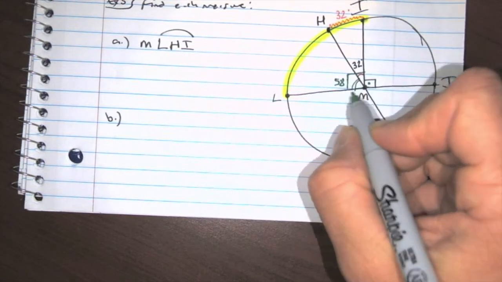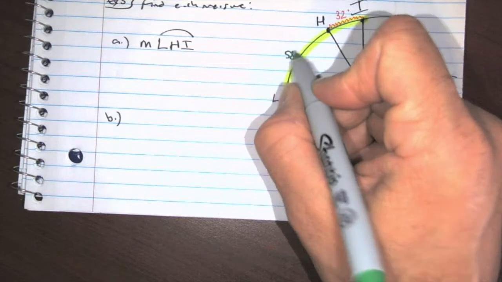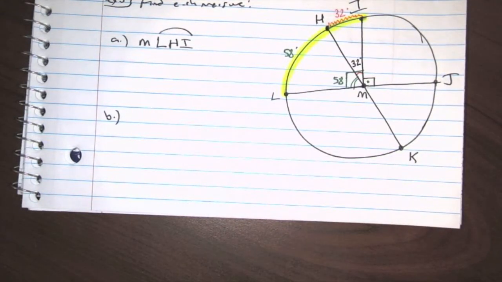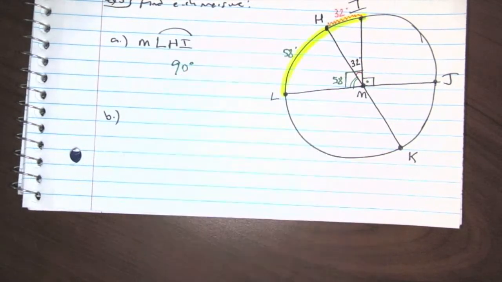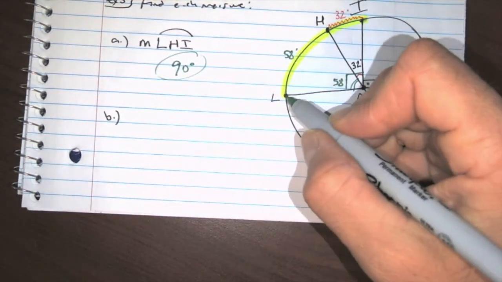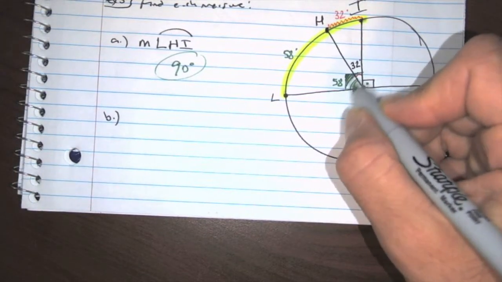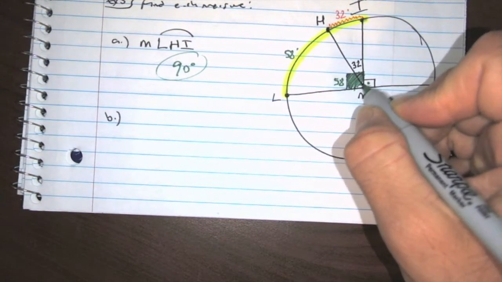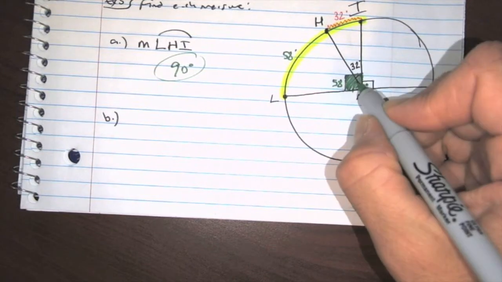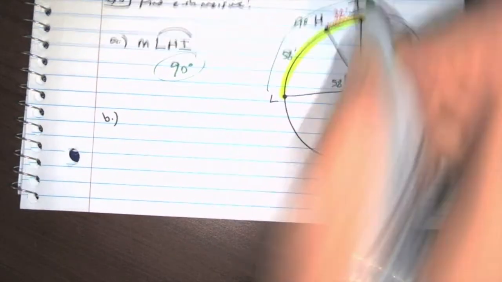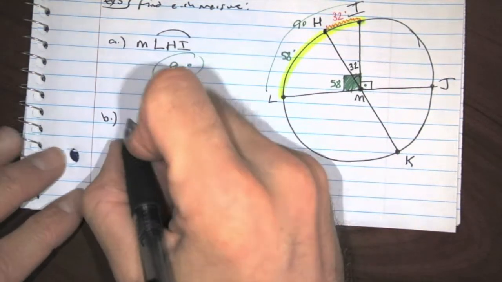And then this central angle of 58 degrees, that's also going to be 58 degrees. Add these two pieces together, that's going to give you the total angle, which is 90 degrees. That's the angle of this arc for here to here. Or you could just take this right angle and say, well, that central angle is 90 degrees, so that corresponding arc has to be 90 degrees.